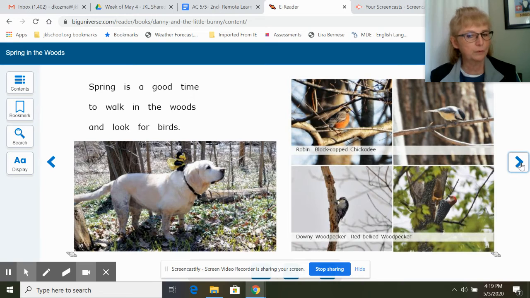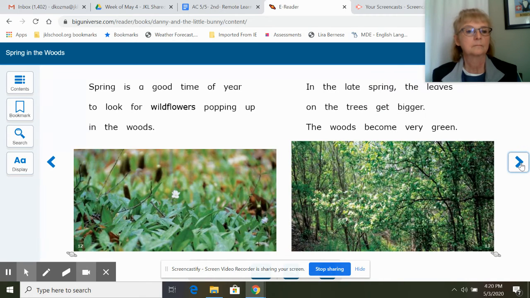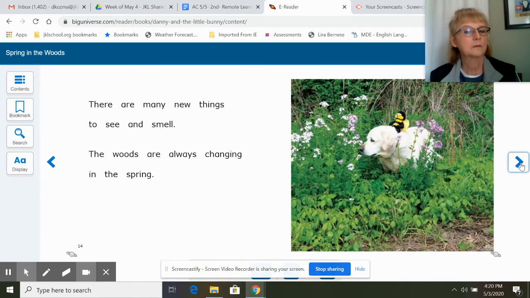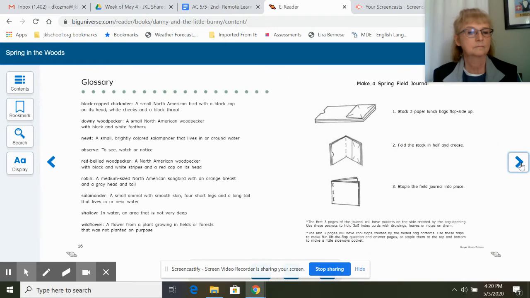And make sure that you read about the birds over on page 11. Press pause and read. Pause and read. And here we came to those last pages again.